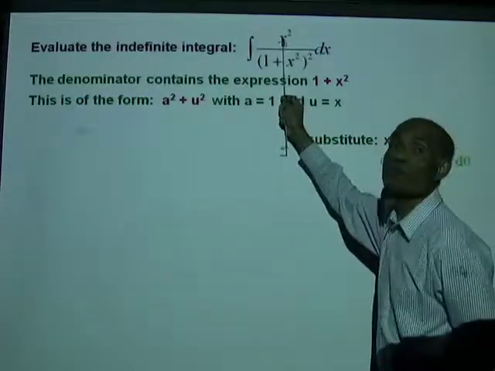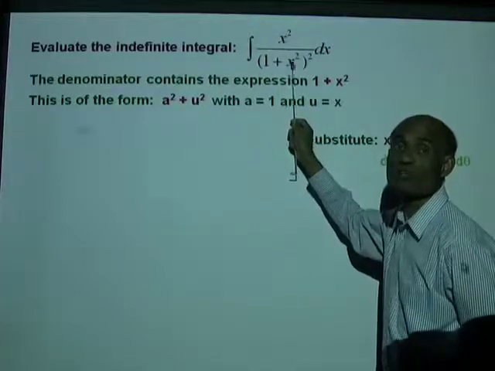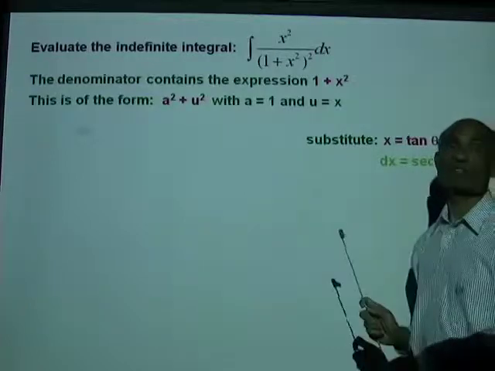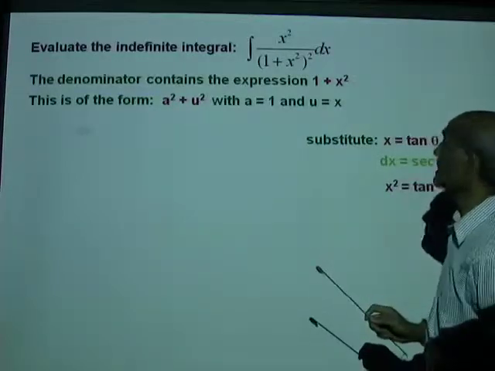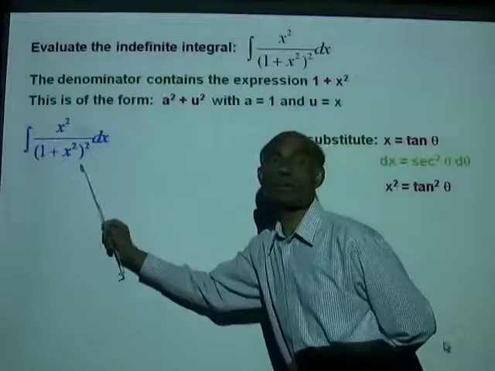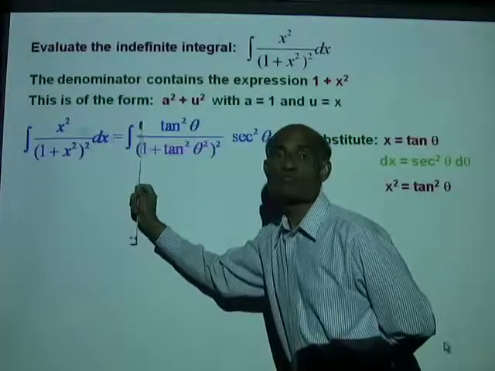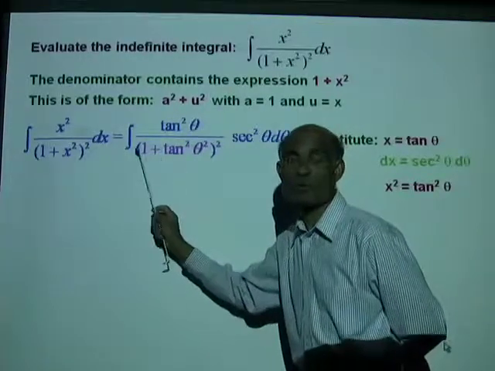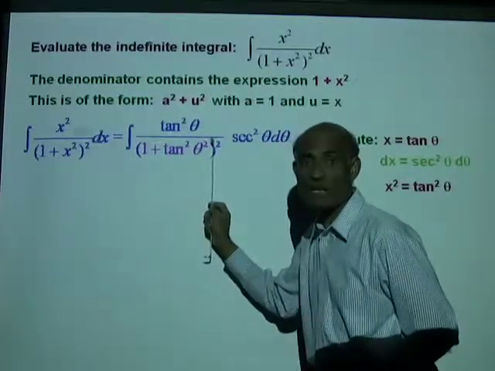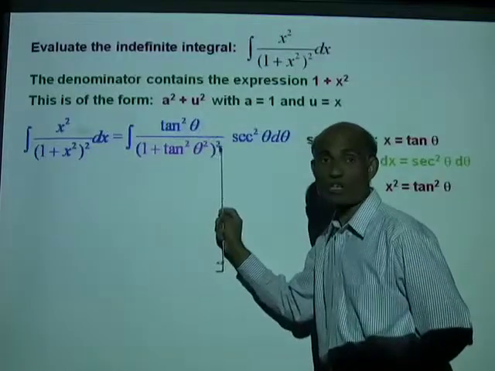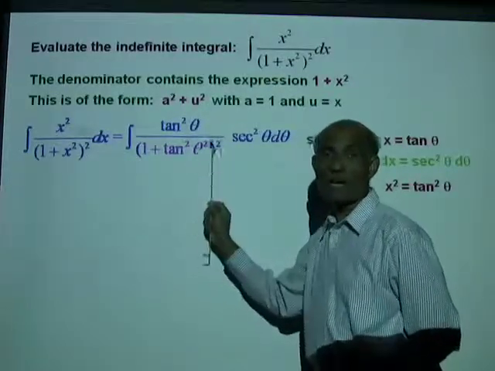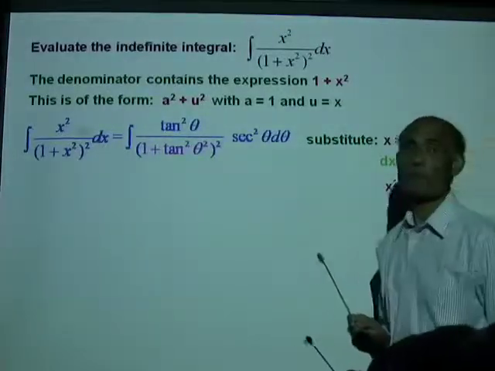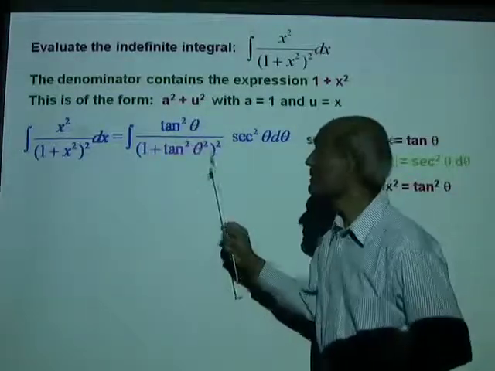So in here we will replace these two x squares by tan squared theta, replace the dx by secant squared theta, and that gives us the integral is now x squared becomes tan squared theta, 1 plus x squared becomes 1 plus tan squared theta, and that quantity is raised to the power of 2, and dx is secant squared theta d theta. What is the next step?